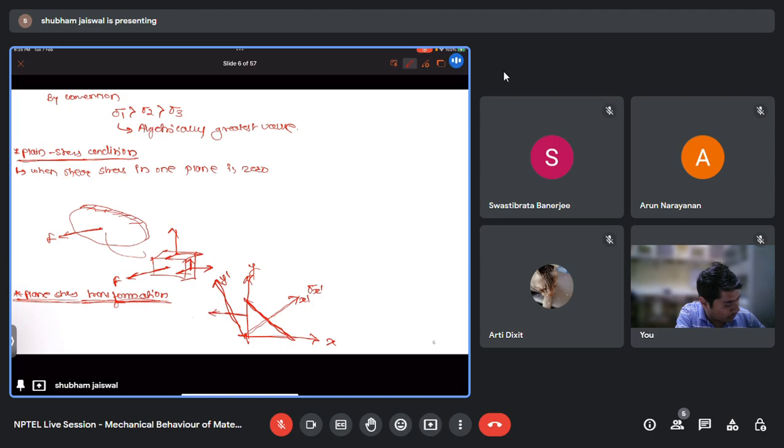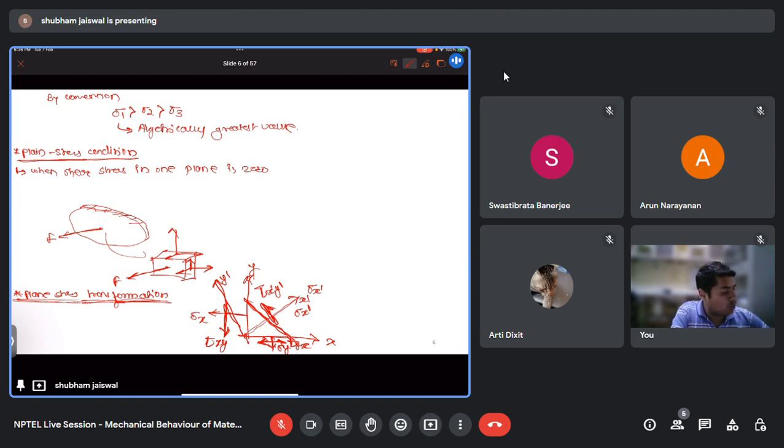Here we have applied sigma x and this is tau xy, and here we have applied sigma y and tau yx. So here we will get the stress sigma x prime, and here tau x prime y prime.